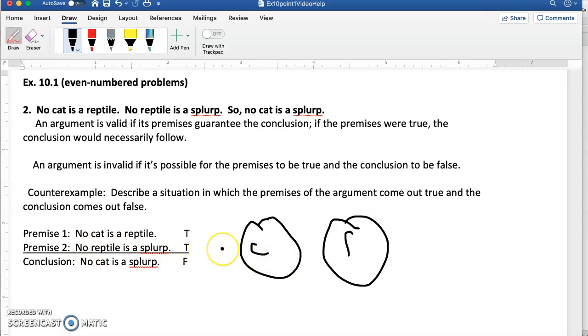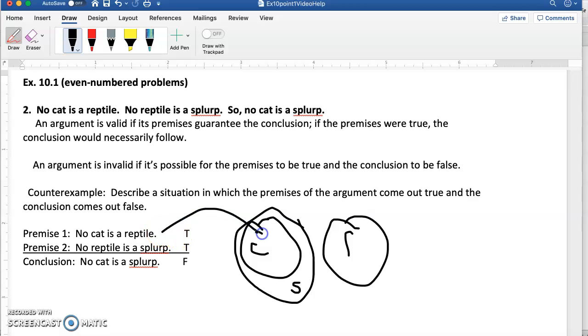So that's a representation of premise 1. Premise 2, no reptile is a splurp. All that means is when we draw the circle for splurps, it just has to be completely separate from the circle for reptiles. So now imagine we draw it like this. And this is my circle of splurps. Right? The way I've drawn it now makes both premises true.